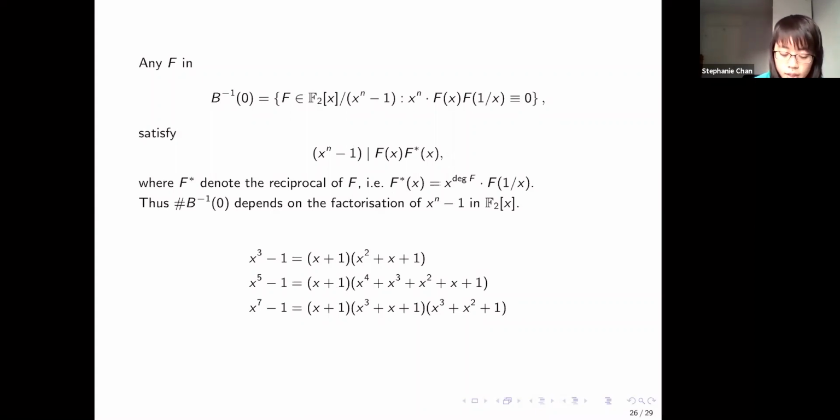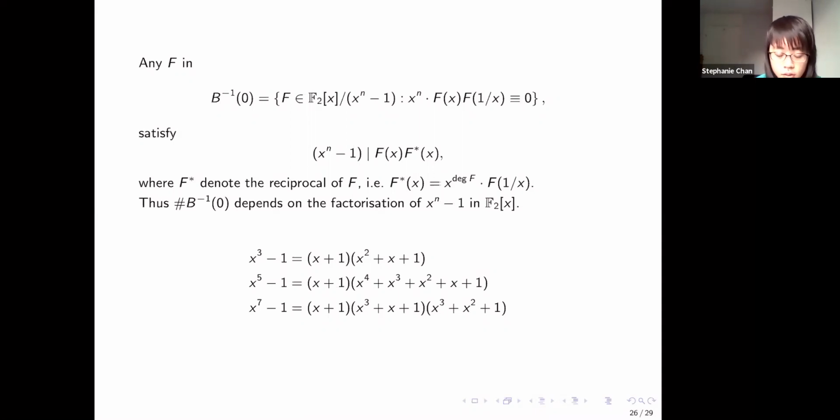So for degree 3 there's only one way to put these factors into f, because if you put one factor, say x plus 1, into f, then it will also be in the reciprocal of f.